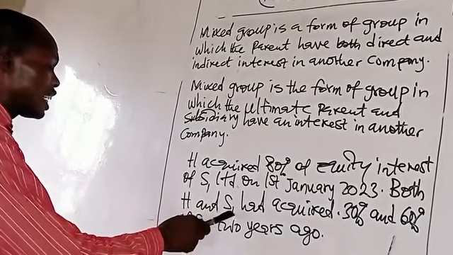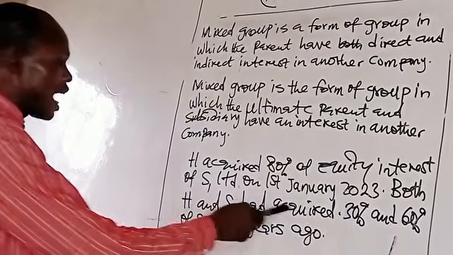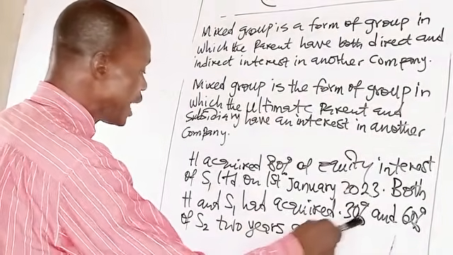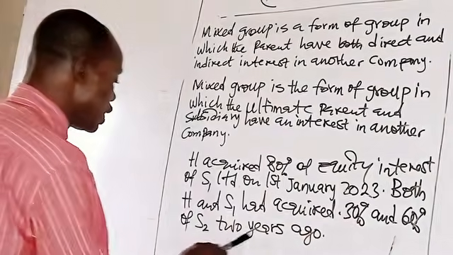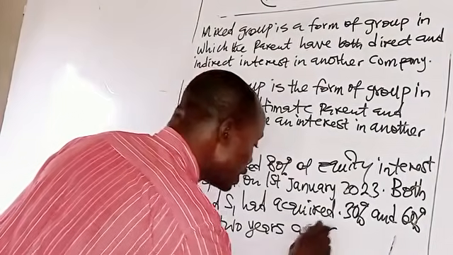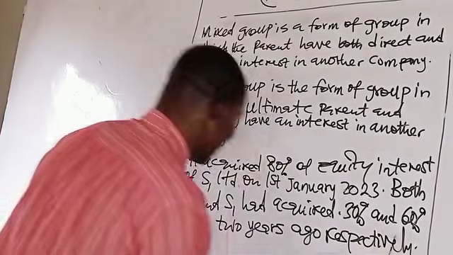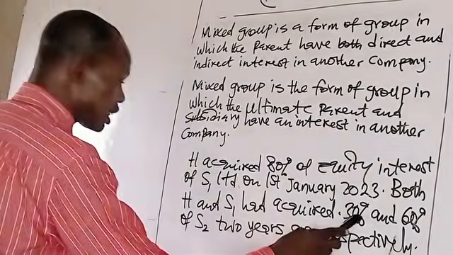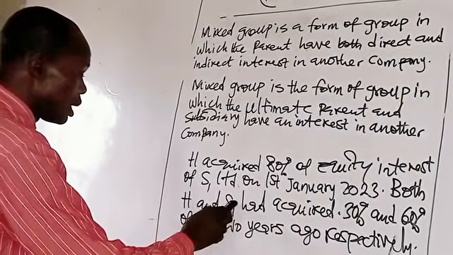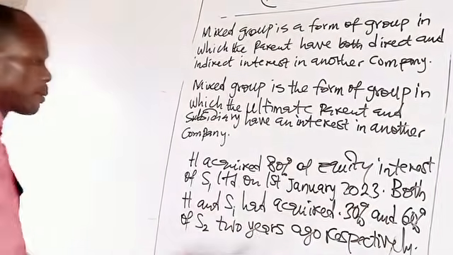Both H and S1 had acquired 30% and 60% respectively of S2 2 years ago. That means H acquired 30% of S2, and S1 acquired 60% of S2.